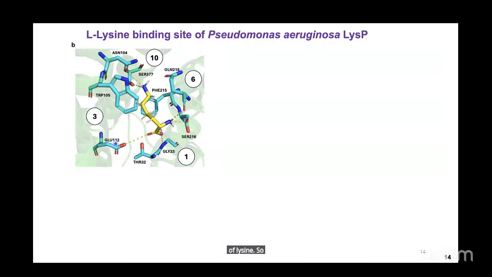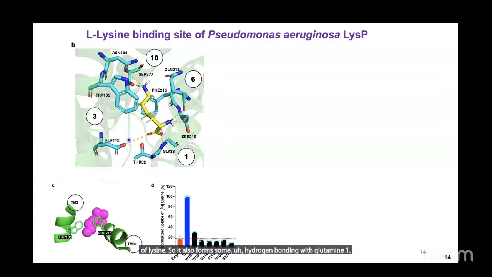So it also forms some hydrogen bonding with glutamine 112. So as you see here, there is a phenylalanine 215 and a tryptophan 105 that sandwich the amine group of the lysine as shown there.